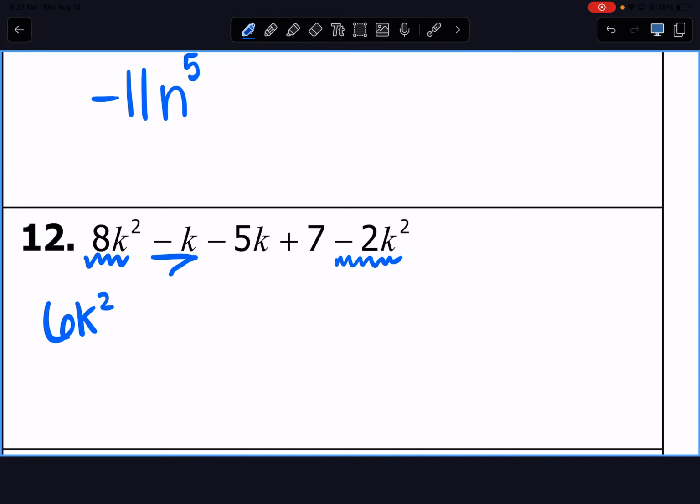Okay, does negative k have any friends? What? It does? 5k. Okay, what is negative k minus 5k? Negative 6k. What about 7? Does 7 have any friends? No, 7's a little lonely. Poor 7.